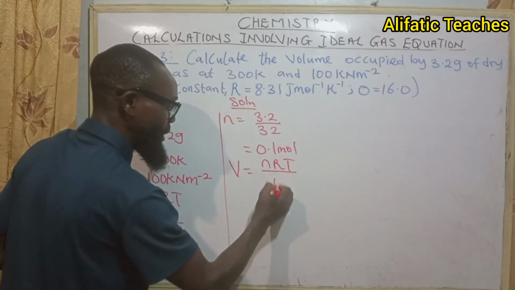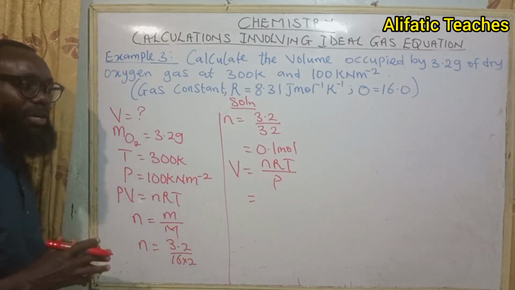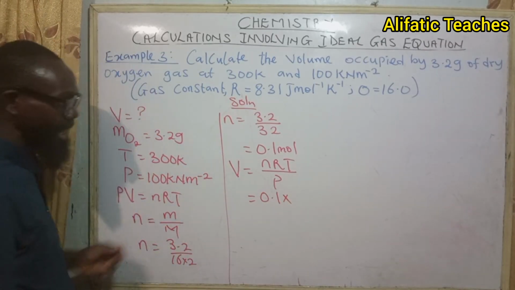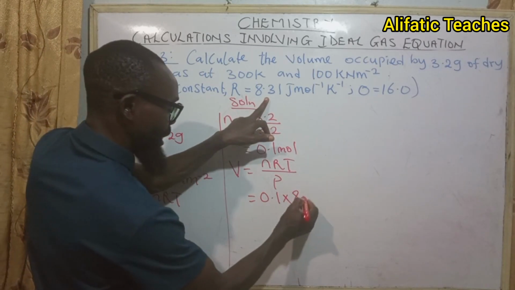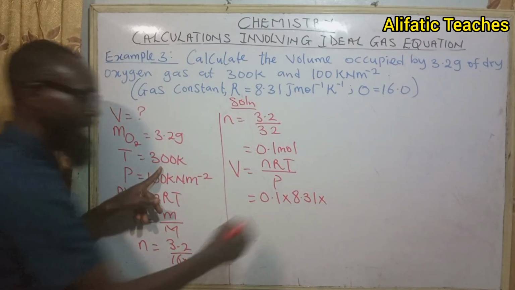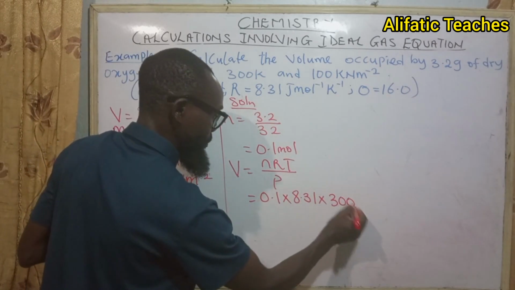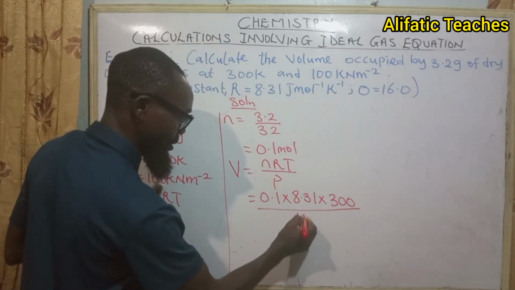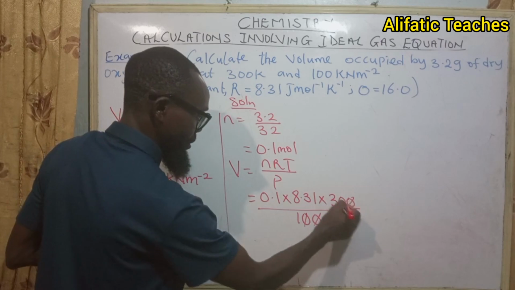nRT over P. So let us now input our values. Our n is 0.1 multiplied by R given to us, 8.31, multiplied by our temperature, 300 Kelvin, divided by our pressure, 100. So we multiply.